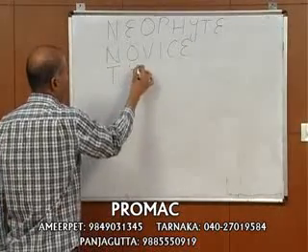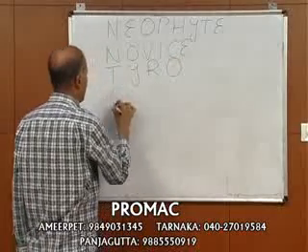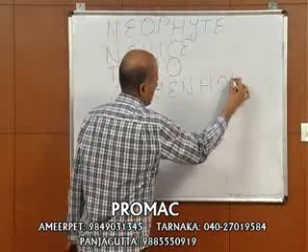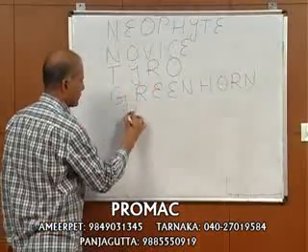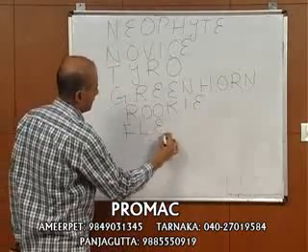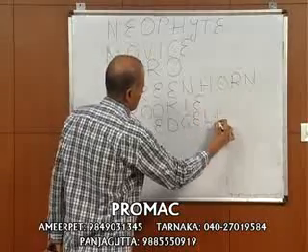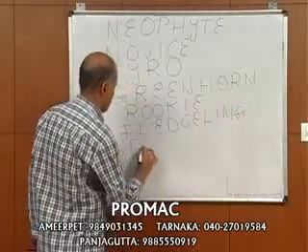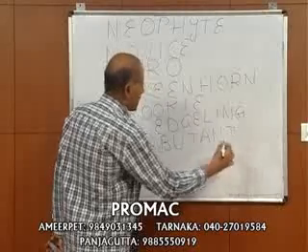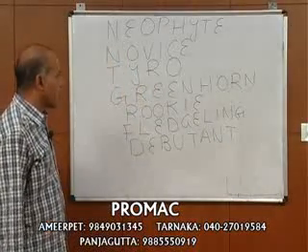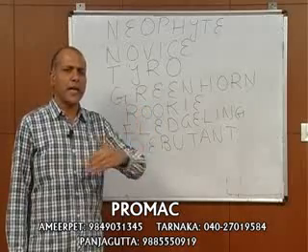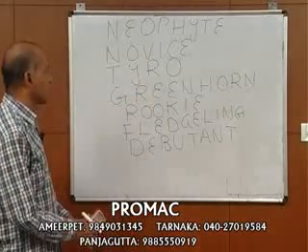Novice, tyro, greenhorn, rookie, fledgling, debutant, etc. All these words, novice, neophyte, tyro, greenhorn, rookie, fledgling, debutant, all these words basically mean a beginner, a new or inexperienced person.